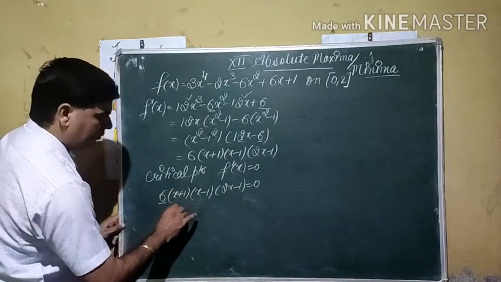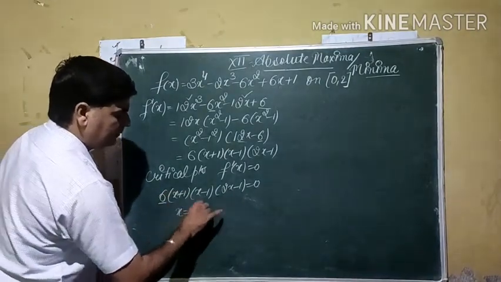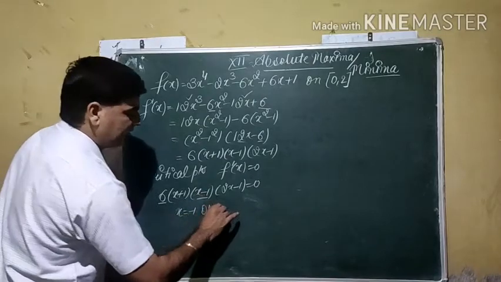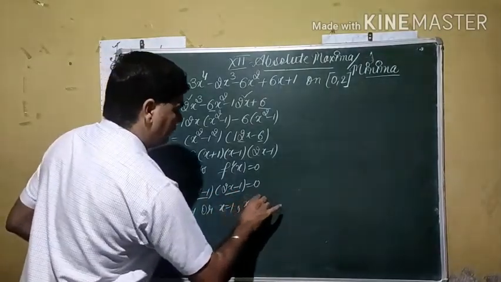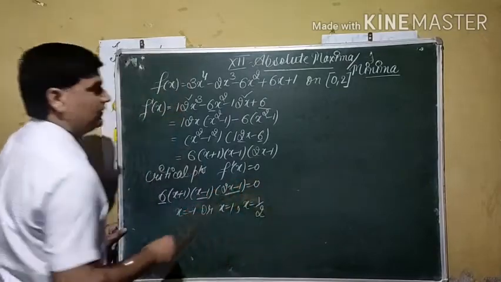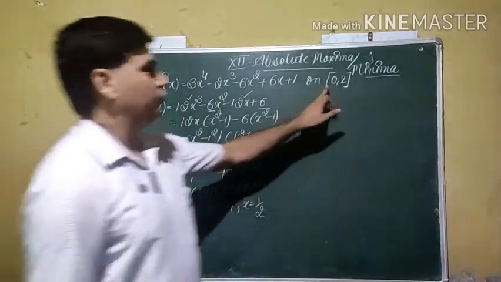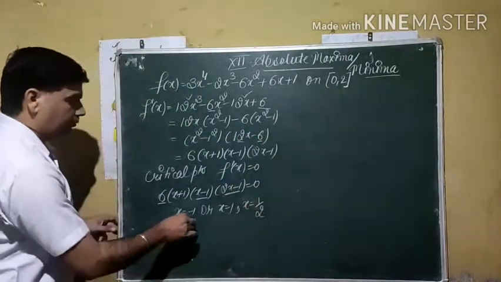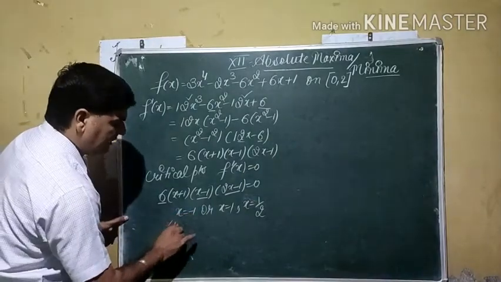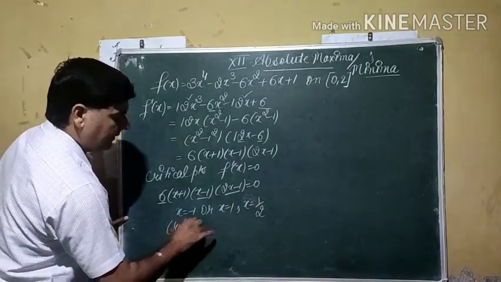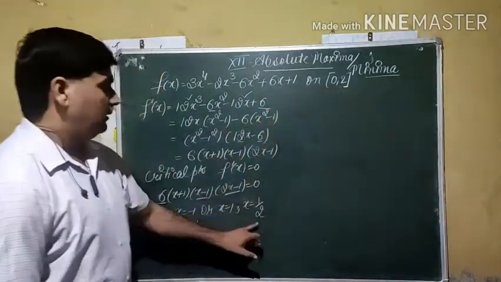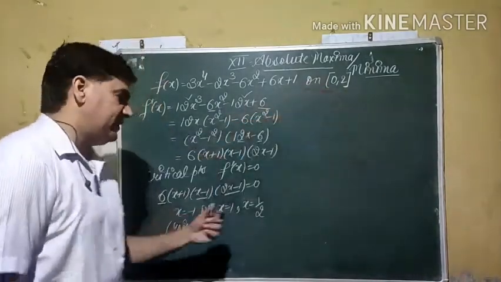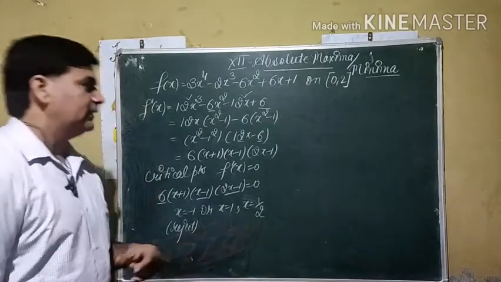From the first bracket x comes out as minus 1, from the second bracket x is equal to 1, and from the third bracket x is equal to 1 by 2. Our interval is given as 0 to 2. The first critical point, minus 1, lies outside, so it is rejected. 1 belongs to the interval and 1 by 2 belongs to the interval, so these two critical points are selected.